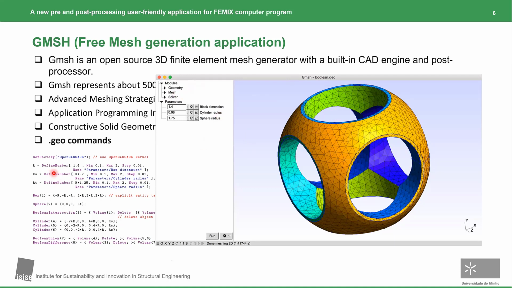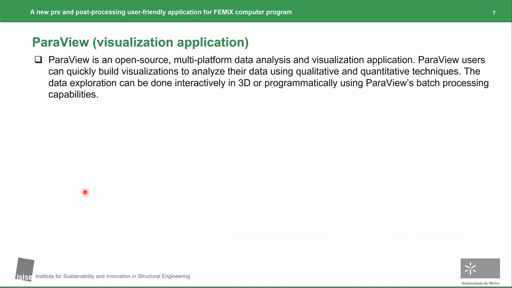If we are more advanced users, we can use the Gmsh commands for creating the model and also modifying the model just by changing the parameters. And also for visualization and post-processing, there are many software packages. One of them is Paraview, which is an open source and multi-platform data analysis and visualization application.